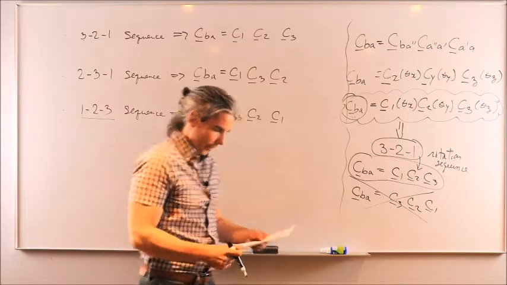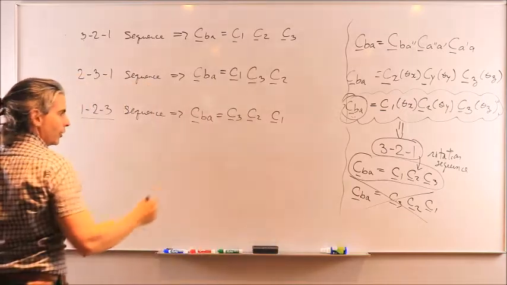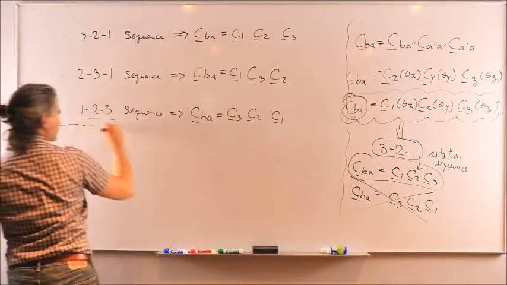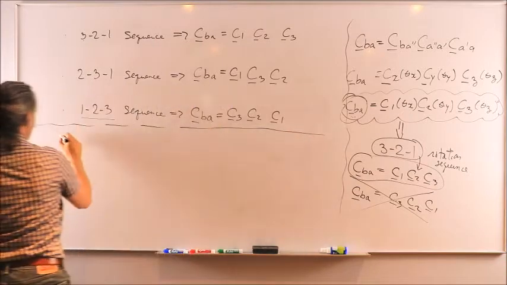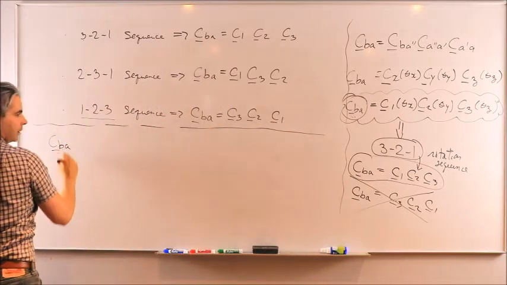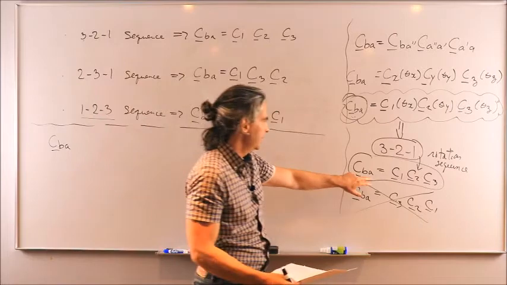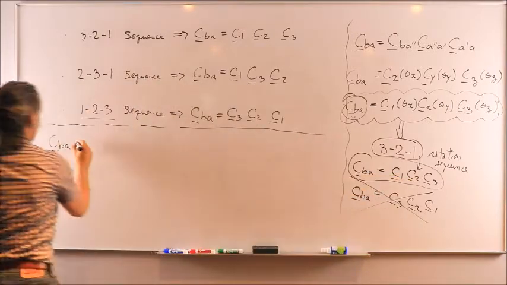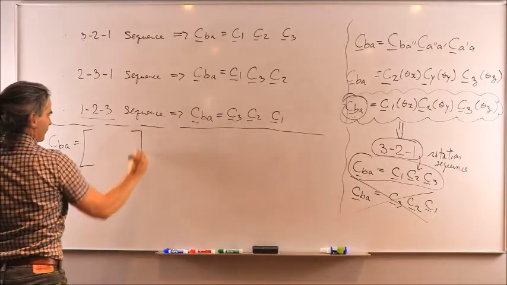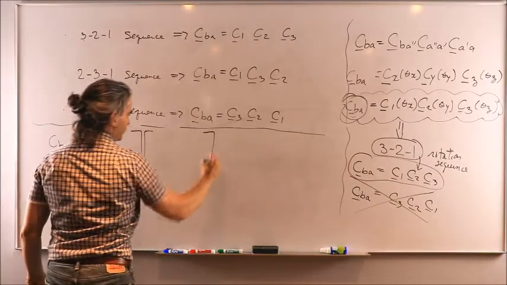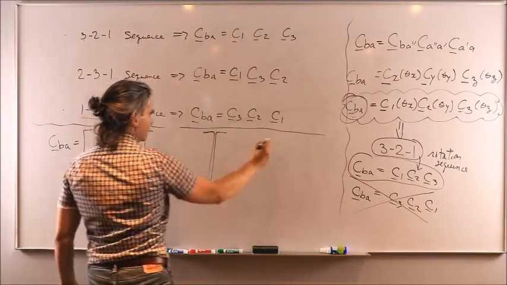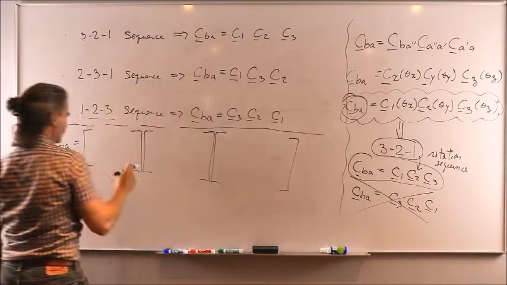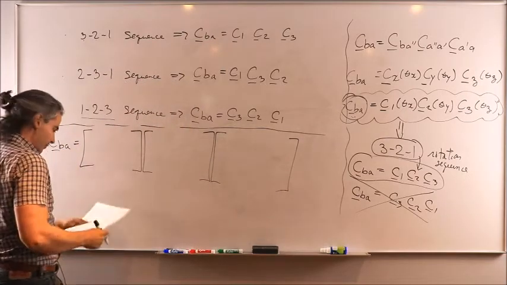Okay, just to finish up the work for our 3, 2, 1 rotation sequence, we had established that CBA in our example was C1, C2, C3, meaning that you have to do this kind of matrix operation.